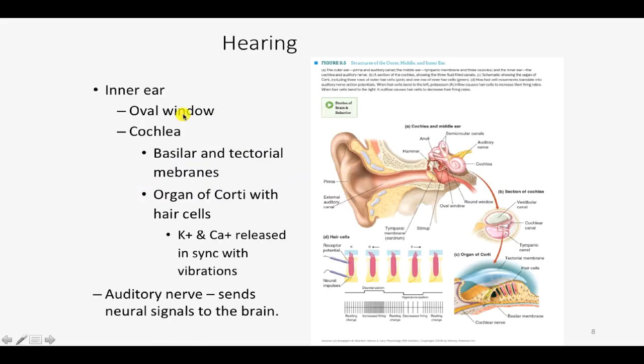The inner ear includes this oval window into the cochlea. And we have in the cochlea, if you look down here on the bottom right, a basilar membrane and a tectorial membrane, kind of like the two slices of bread on a sandwich.